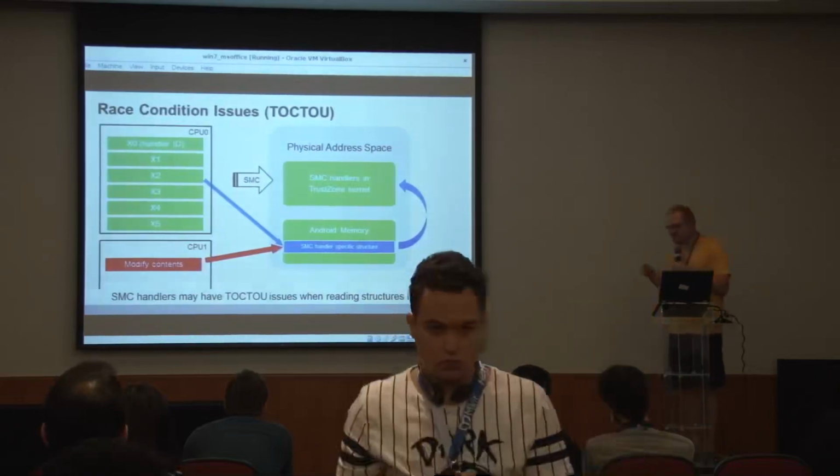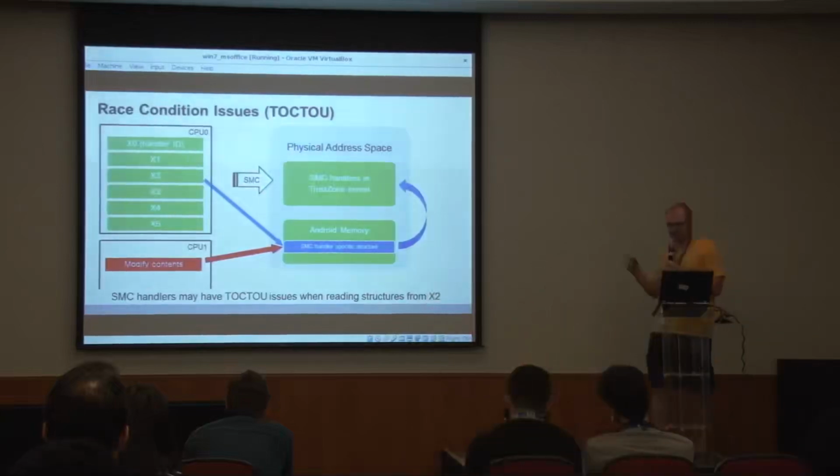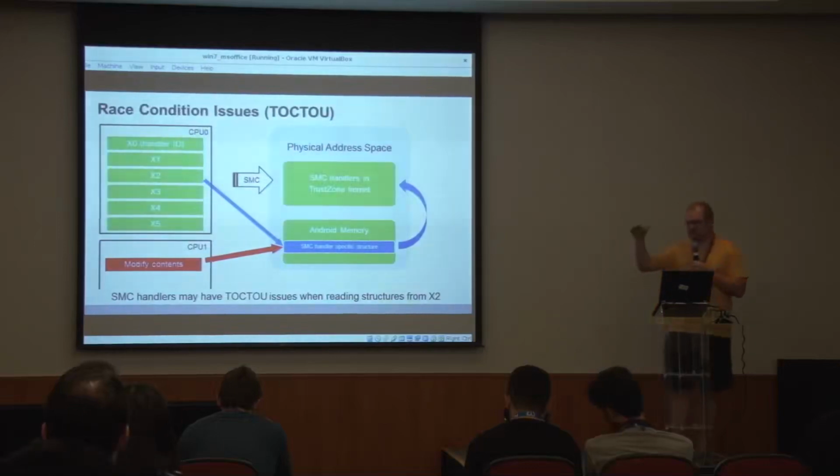When you call an SMI in an x86 system, the SMI waits until all of the cores go into SMM. But in ARM, that's a really good vector because you can find by static analysis the buffer which is passing from the normal world to the secure world and figure out whether there is any window between checking and using that buffer.